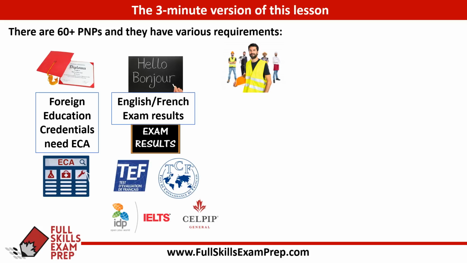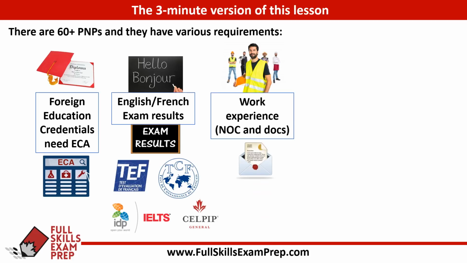And of course, it's to give you a foundation to work across all the different programs in Canadian immigration, especially the economic programs, because almost every single one has a language requirement in it. And that language requirement needs to be proven by one of these 4 language exams. All right, we've got work experience. Now, work experience needs to be proven by the NOC and by documents.